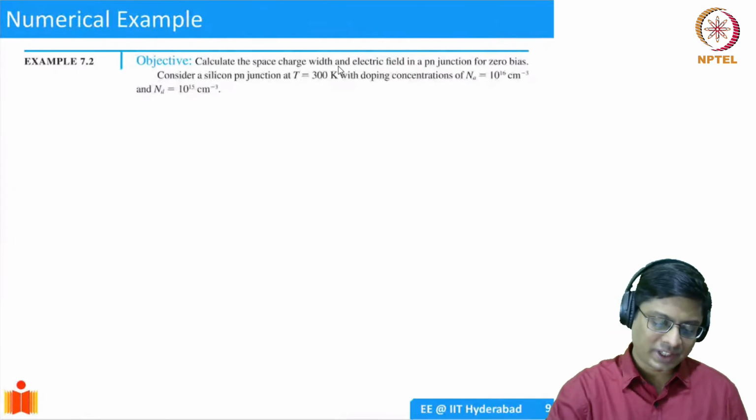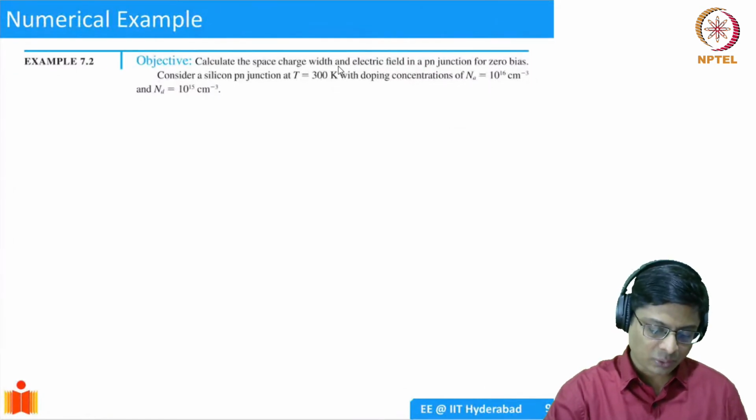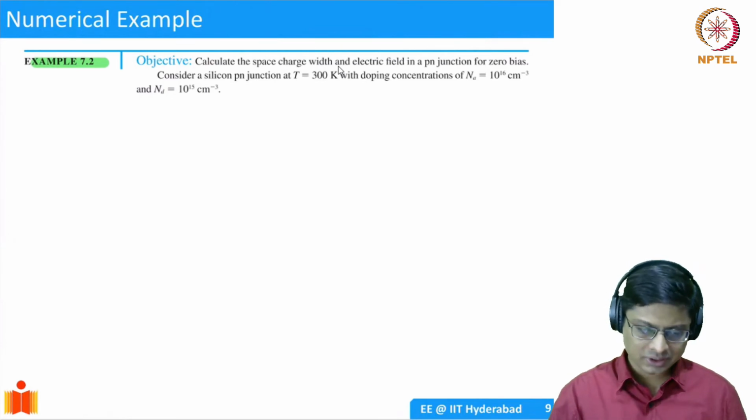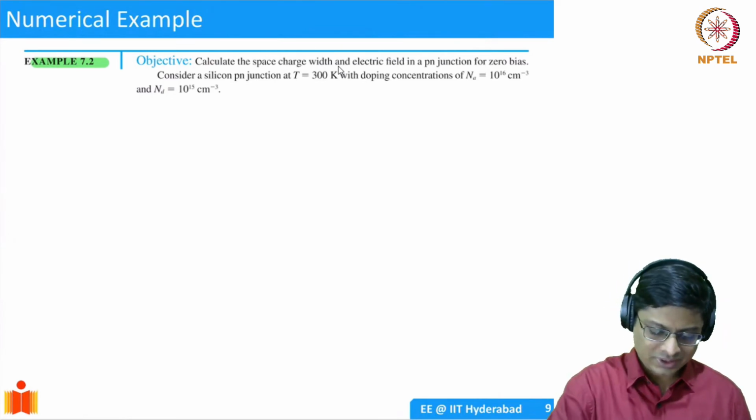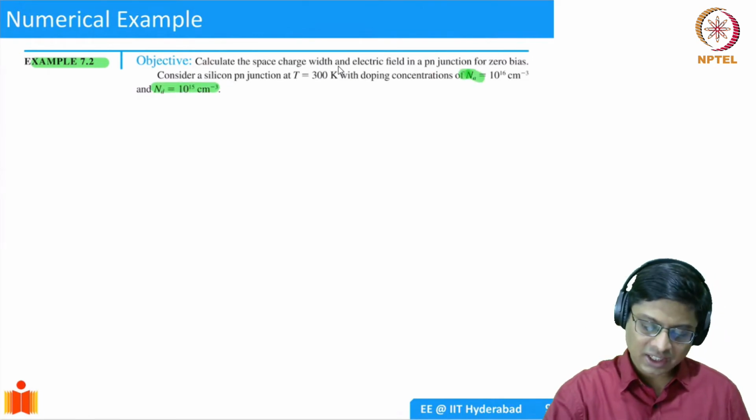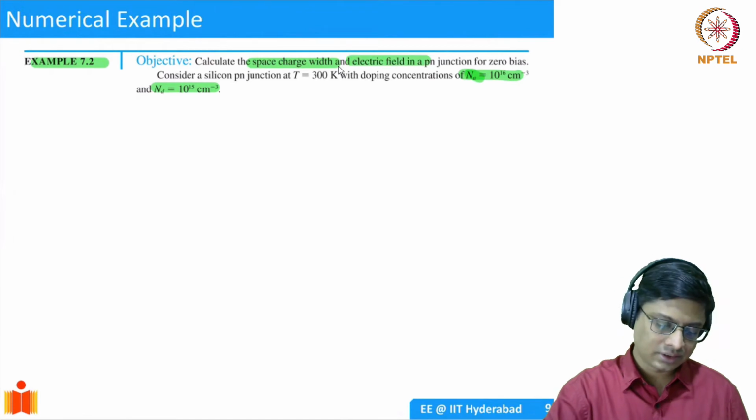Okay. So I've taken another example from 7.2. There is a solution in the textbook. You can verify if you have any doubts. So essentially, you're given a semiconductor with ND, NA, and asked to calculate the space charge width, which is essentially W, and the electric field.